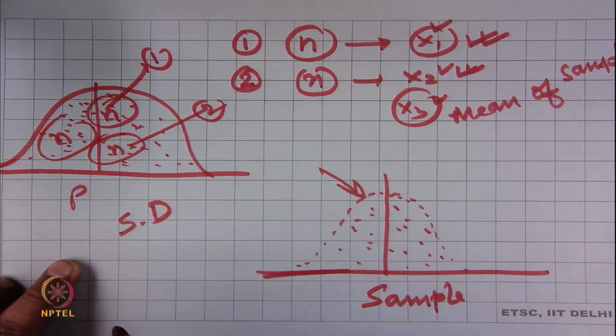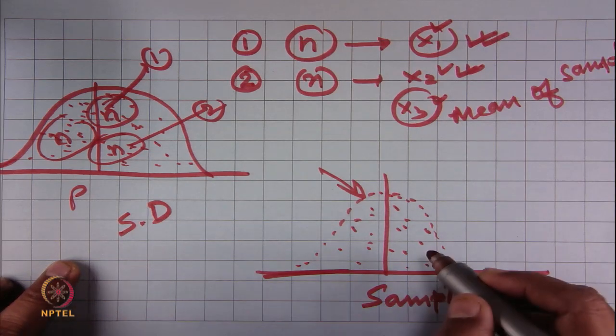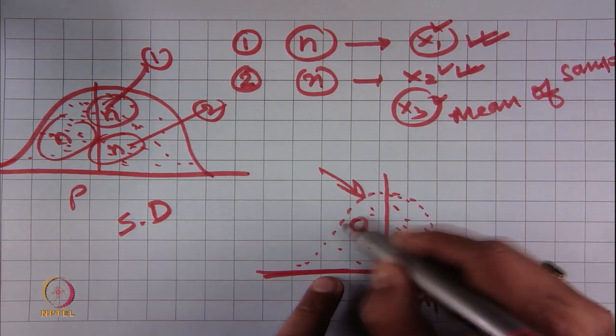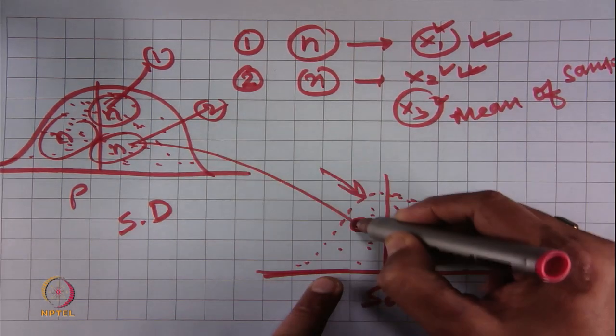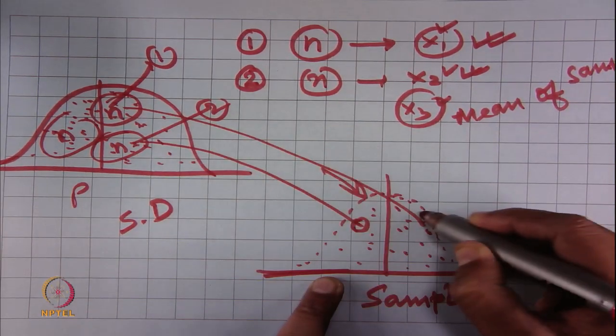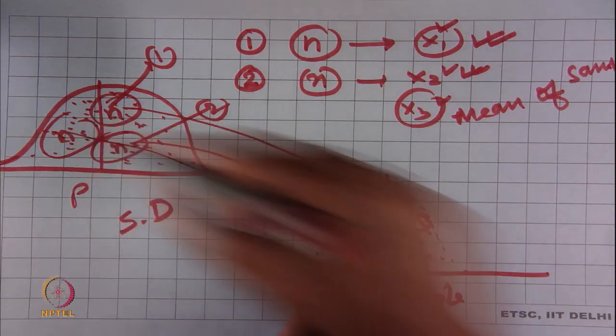This is the standard deviation of the whole population, and these are mean value 1, mean value 2, mean value 3, like that.